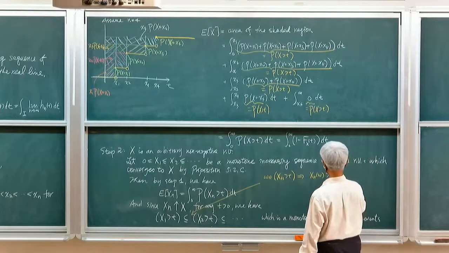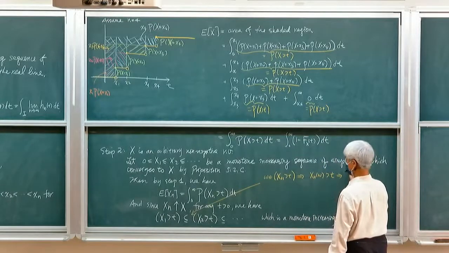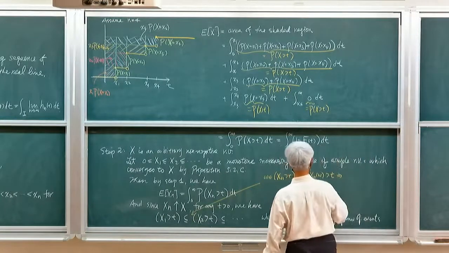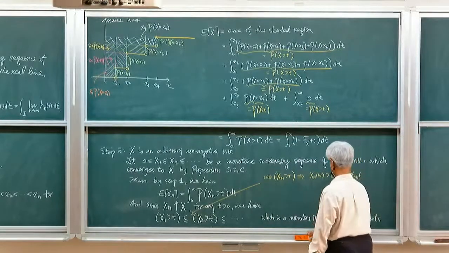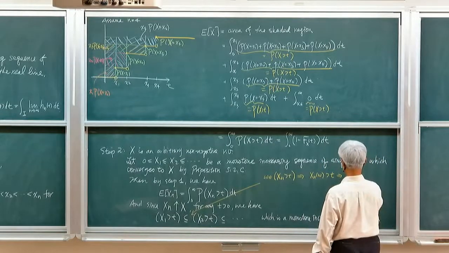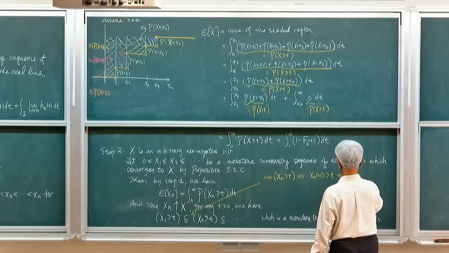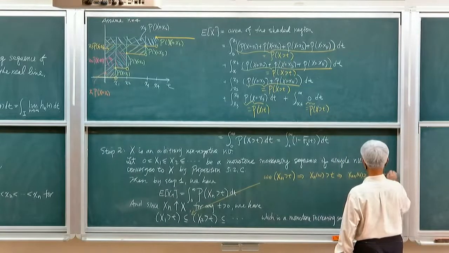And this implies that Xn+1(omega) is greater than t, right?